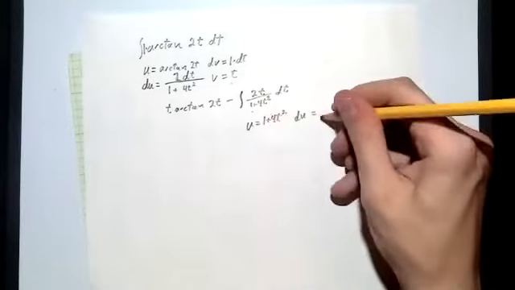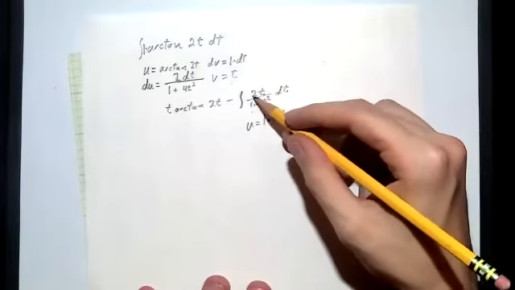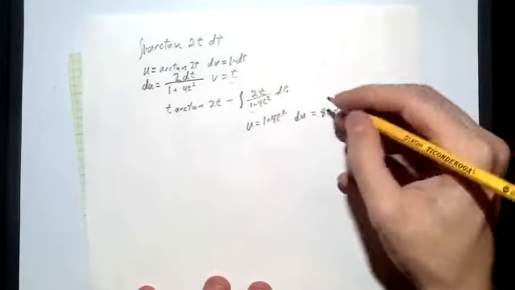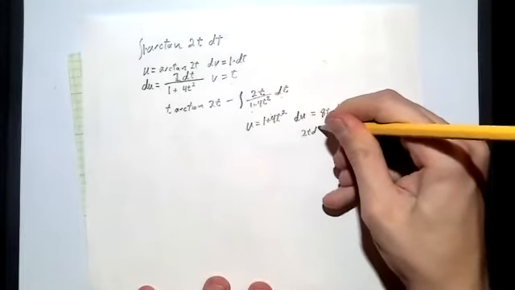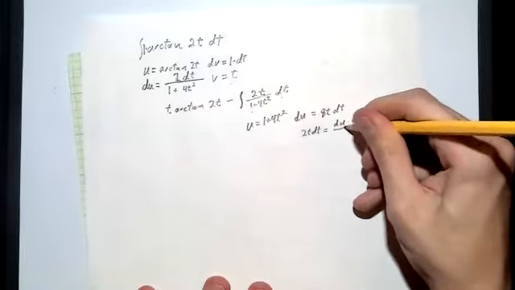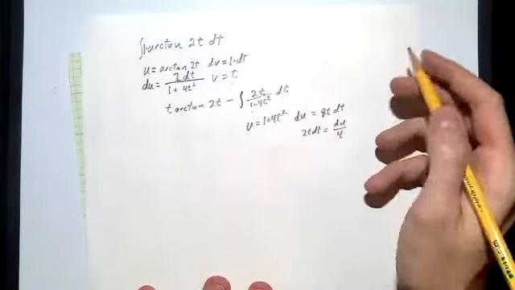Du would then be equal to, so this is 0, 8t dt. So then, of course, we only have a 2t dt. So if we divide both sides by 4, we get 2t dt is equal to du over 4. So you can replace this entire thing with du over 4.